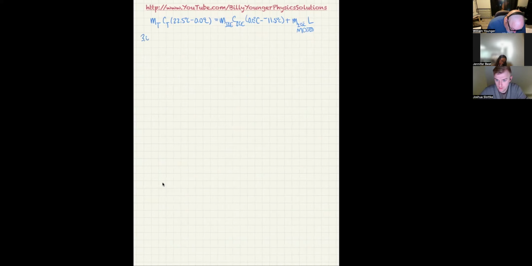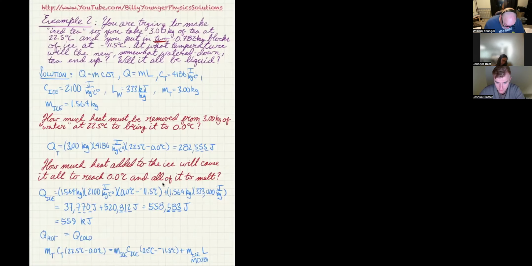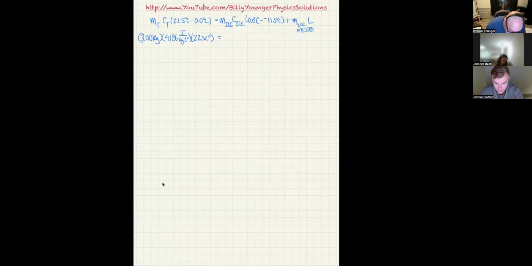That's going to be 3.00 kilograms times 4,186 joules per kilogram Celsius degree. This time I'm just going to write it as 22.5 Celsius degrees, and that's all the math for that part. On this side, we have the mass of the ice, which is 1.564.